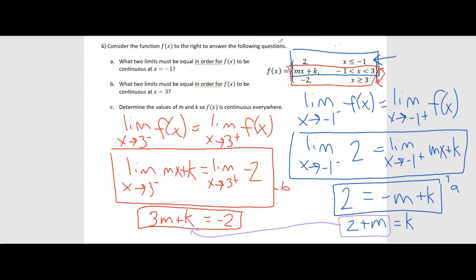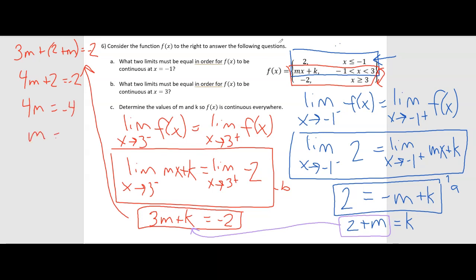So I get 3m plus 2 plus m equals -2. And now I just have to solve for m. I get 4m plus 2 equals -2. 4m equals -4. m is equal to -1.